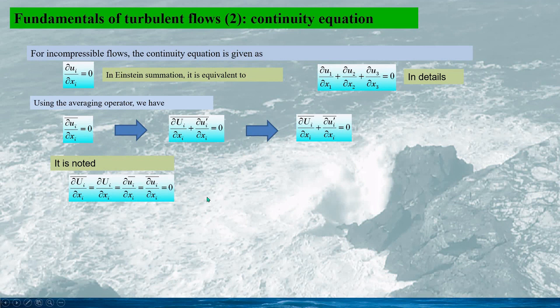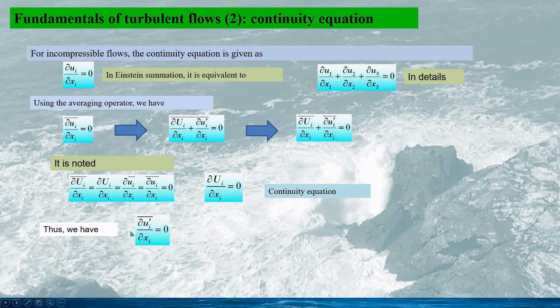So this will be 0. Hence, we have the continuity equation for the mean flow velocity as this. Accordingly, we would have the continuity equation for the fluctuating velocity as this.